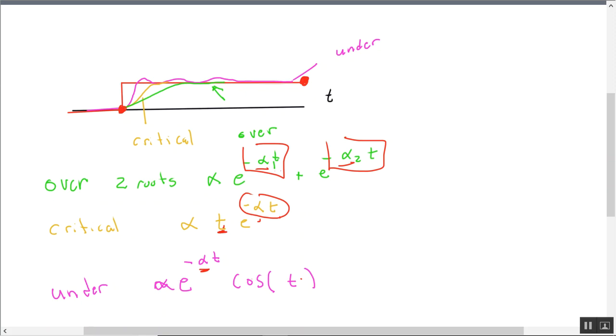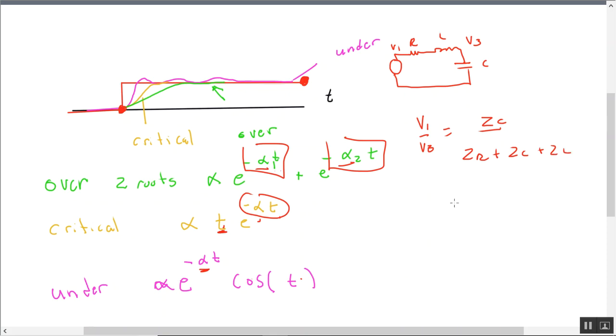Now, yeah, let's just redraw it here. Using voltage division, right, I can find V1 over V3 equals ZC over ZR plus ZC plus ZL, right?